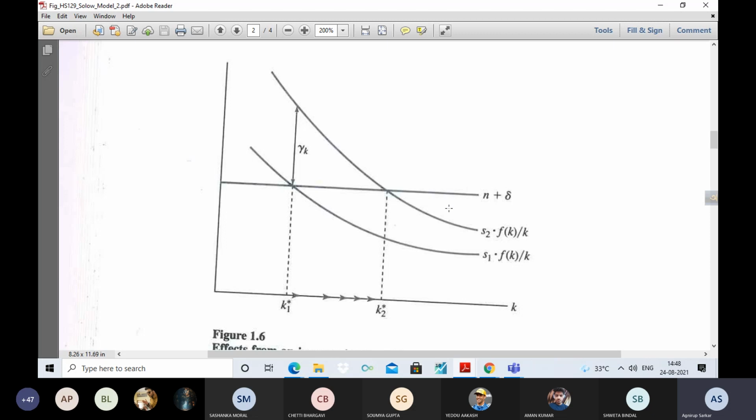So this depreciation rate would shift downwards, or rightwards, whichever way you like it. The net result would be that the steady state level of capital per person would be larger. However, the long run growth rate of capital per person would remain at 0, right?